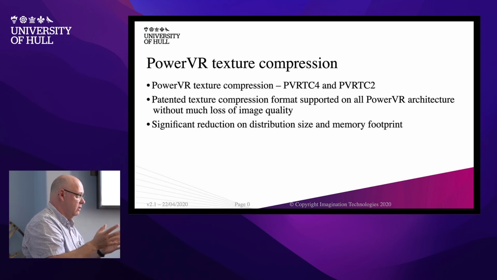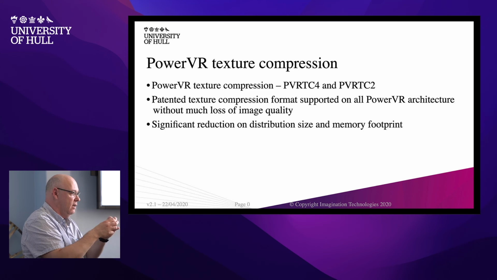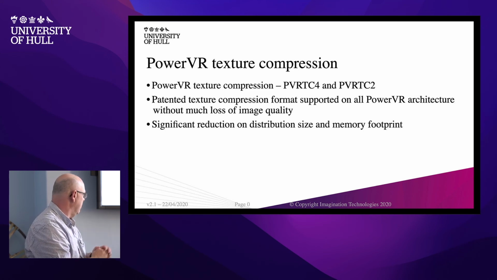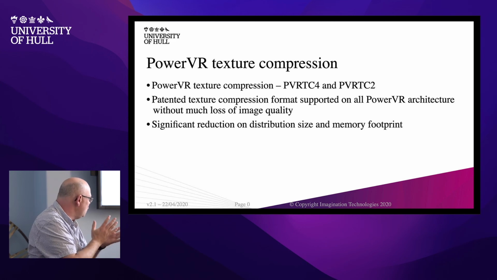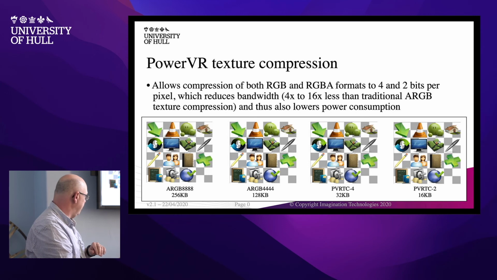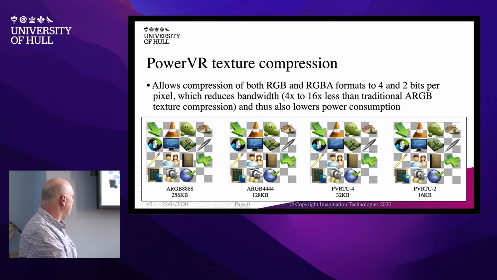That takes time, so by compressing it, you can move a small amount of data without losing too much image quality. Just as an example, this is the original 32-bit image, and it's got transparency in it, and that was used in 256K.